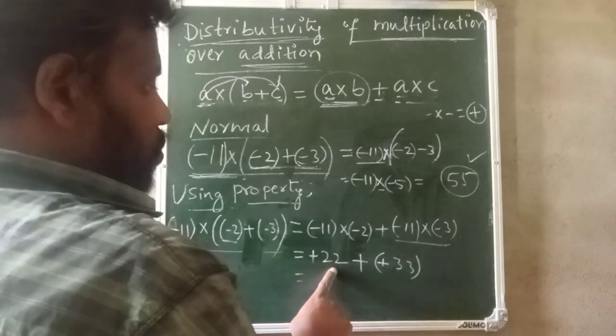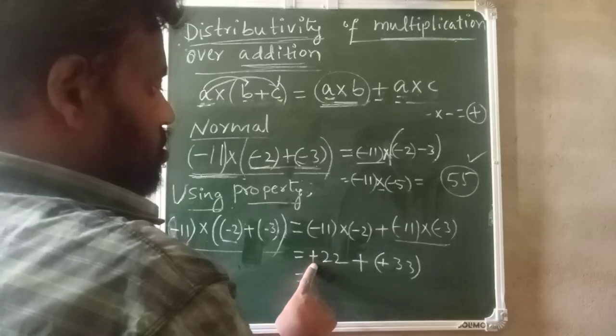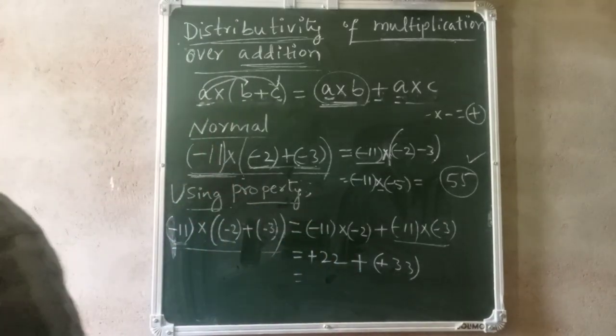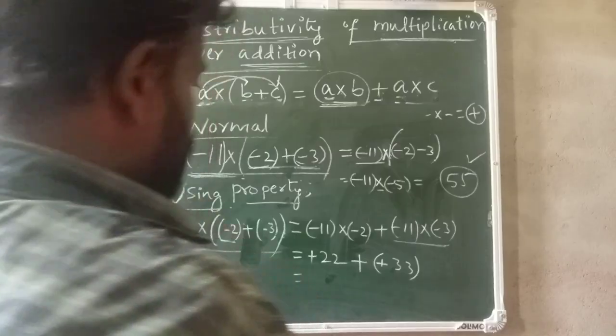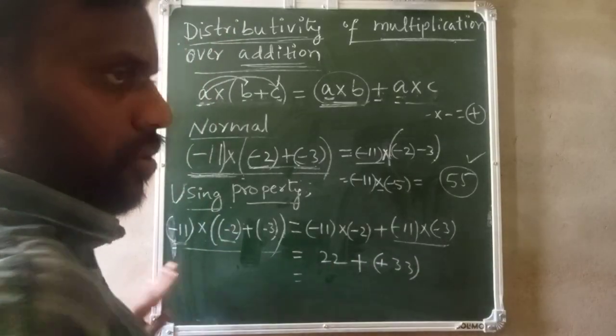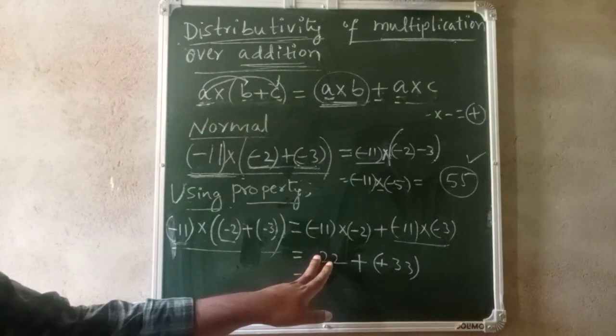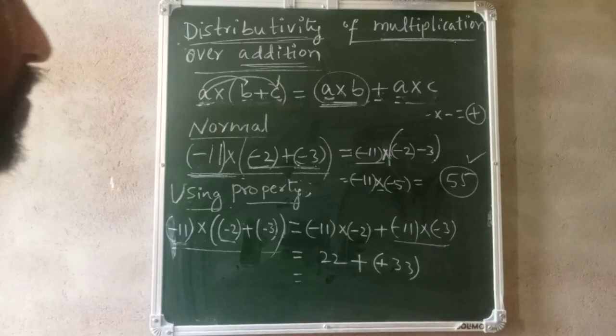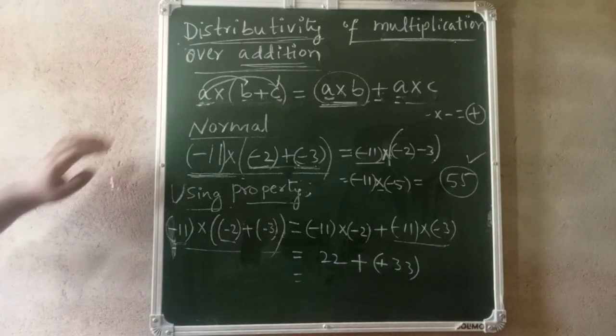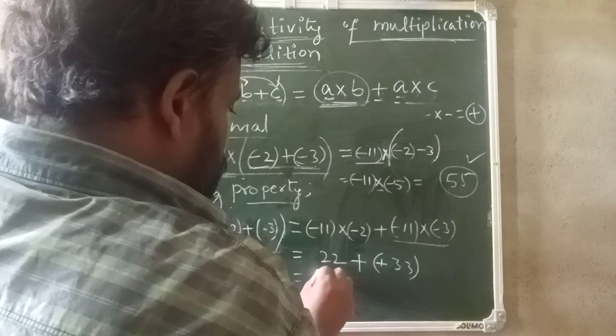Okay. Here only one number, plus is there. After this plus here there is no number. So you can erase it. No problem. Here nothing is there means in front of 22 there is a plus sign. Next write this 22.